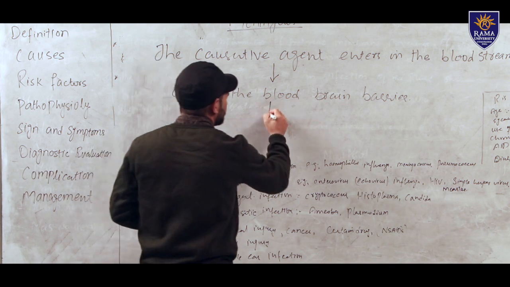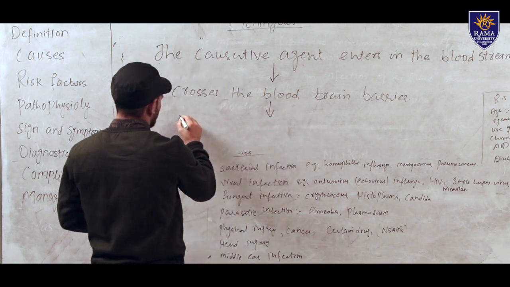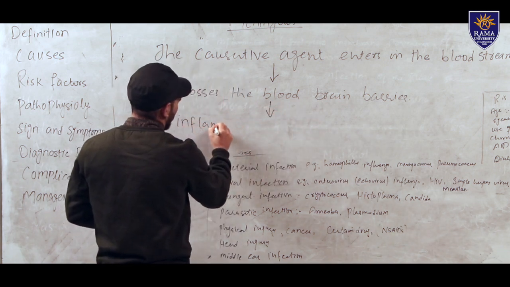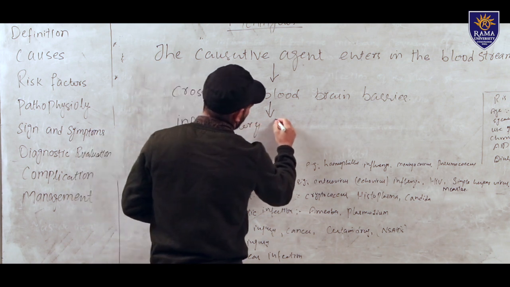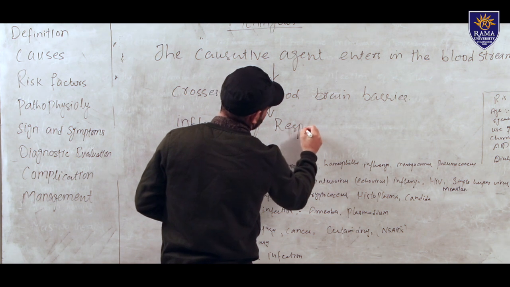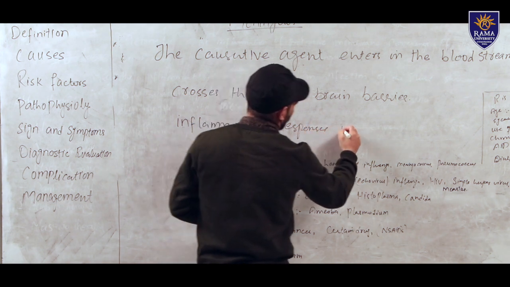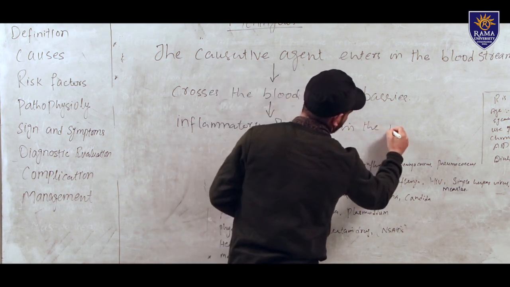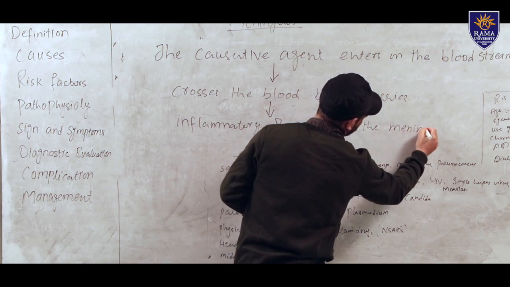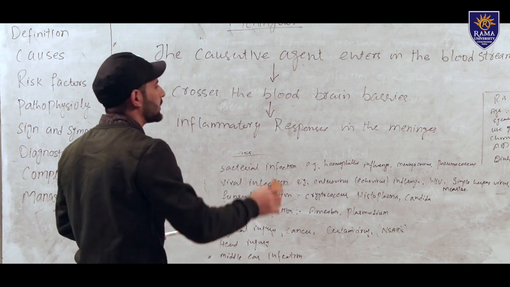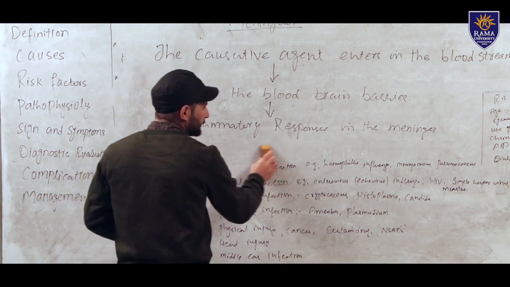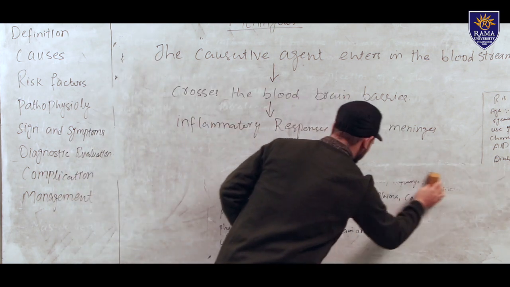After that, inflammatory responses occur in the meninges. When the organism crosses the blood-brain barrier, there is an inflammatory response in the meningeal layers.